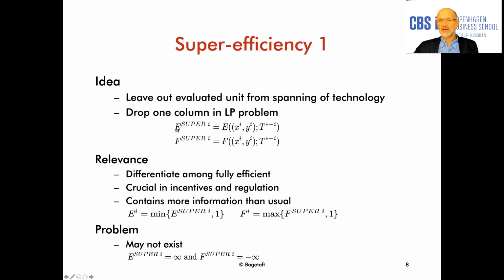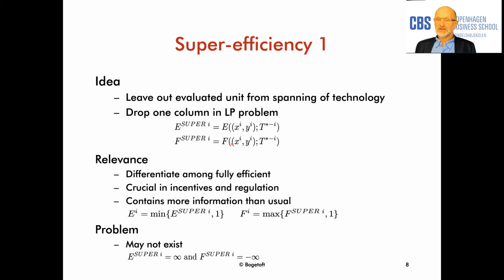So we say that the Farrell input super efficiency for firm number i is the evaluation of my firm against the technology that is estimated without me. So this is the game notation you often use, that if you write minus i, it means everyone but firm number i. And we can also do the same, of course, on the output side, then you get output Farrell efficiency in the super version here.